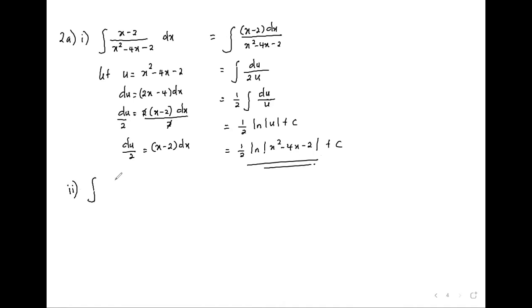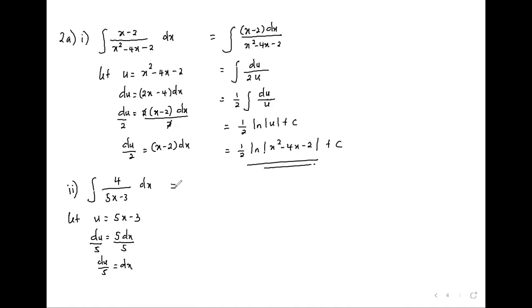Let's see the second one. It's the integral of 4 over 5x minus 3 dx. So again, if you let u be 5x minus 3, du is going to be 5 dx. Also, if we divide by 5, we'll have du over 5 equal to dx.